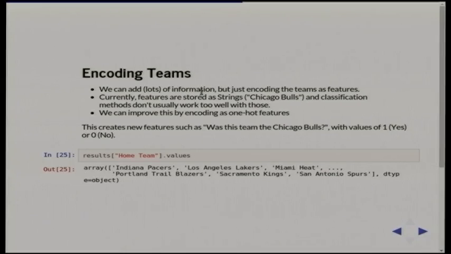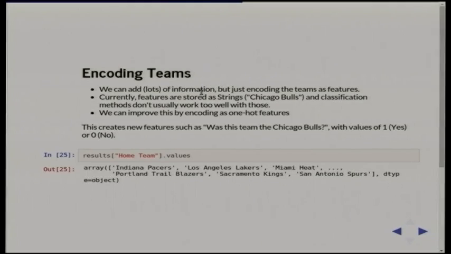The bag of words model was brought up earlier. This doesn't apply here. These team names are specifically categorical values, but our classifier still won't take them. So a naive way here would be to just give them all numerical values, such as the Indiana Pacers being set as 1, Los Angeles Lakers 2, Miami Heat 3, and so on.